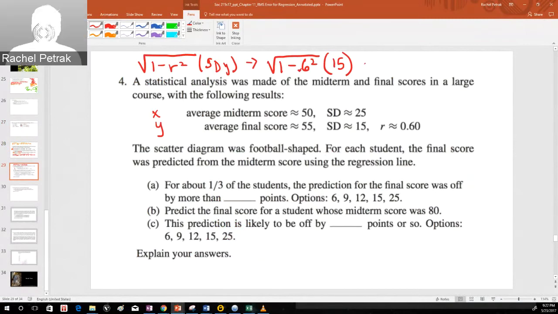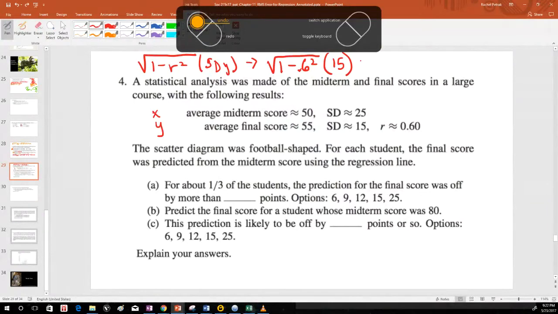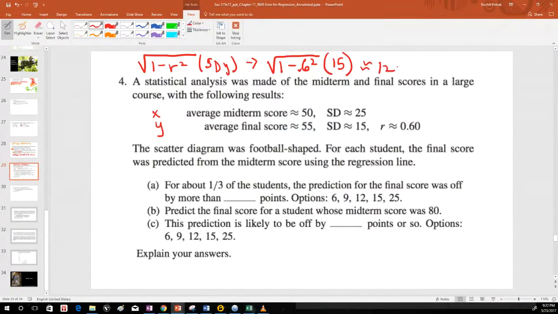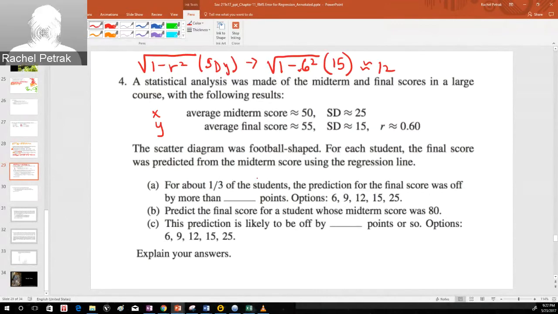When you work this out, you get about 12. And so the prediction for the final score was off by more than 12 points.